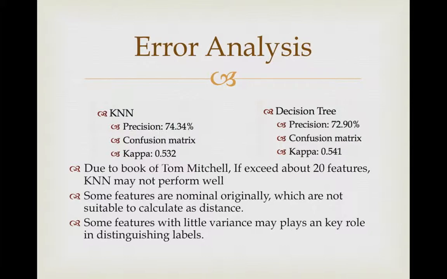So I think this is not only due to the feature problem of KNN, but also because some features were originally nominal and we turned them into numeric, so these features are not suitable for calculating distance, and directly turning them into numeric and using KNN is not quite good.